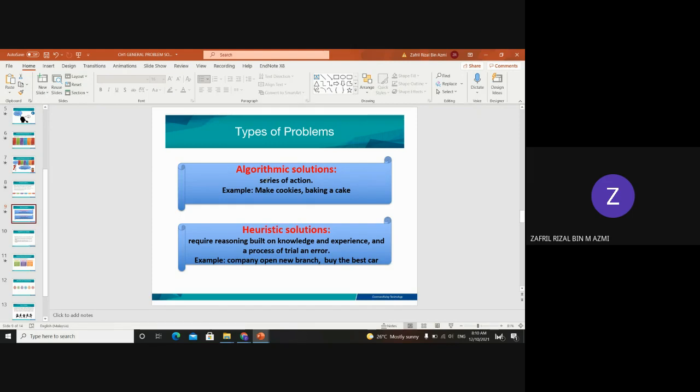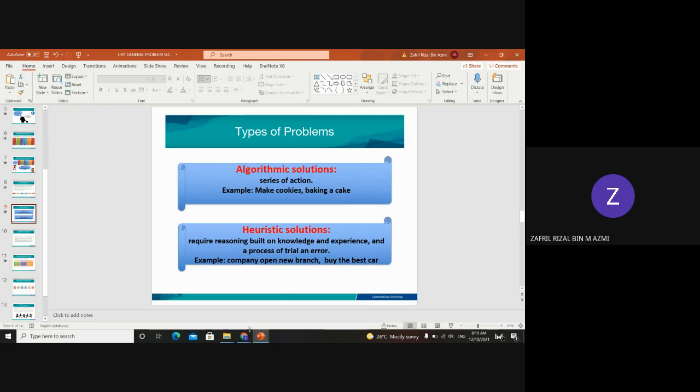So in the case of software, what is a software that you think is designed based on an algorithmic solution? Example, a software designed based on the algorithmic solution. Any idea, class? Straightforward software.